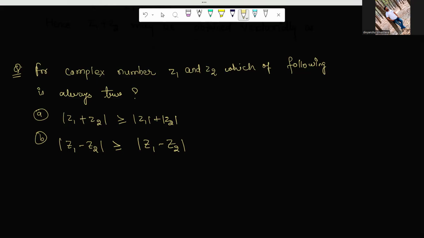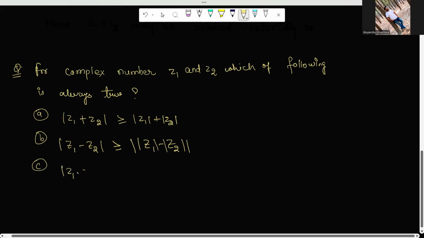And option C, where I multiply these two things, is Z1 Z2, which is equal to 2. And option D.